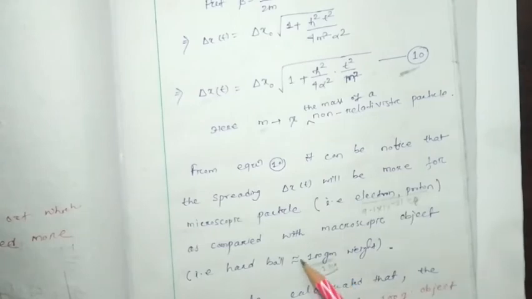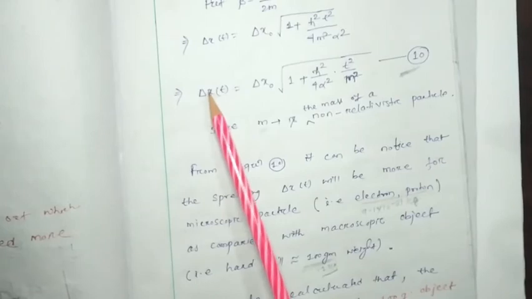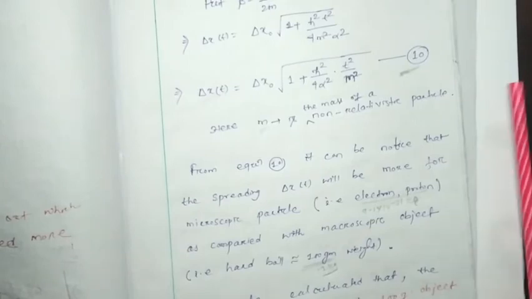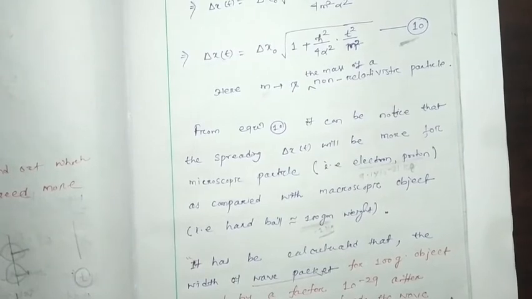So for this mass, the Δx(t), or the so-called spreading, will be negligible as compared with a microscopic particle such as an electron or proton, as compared with a macroscopic object, that is the hard ball.